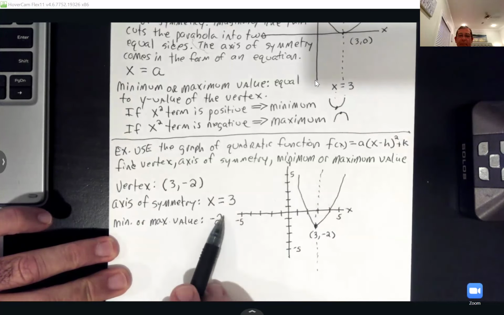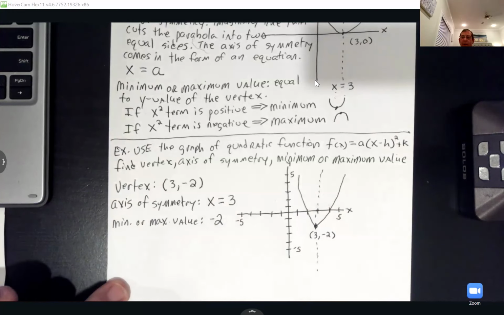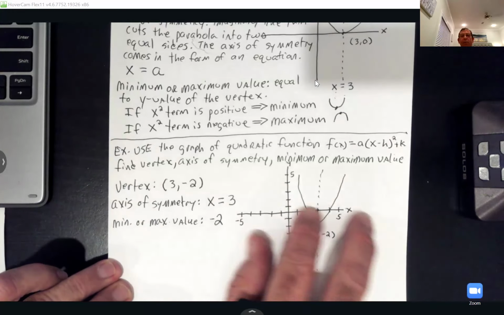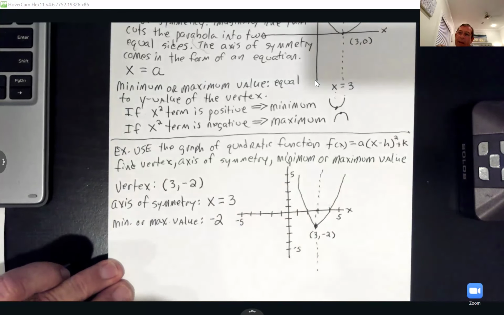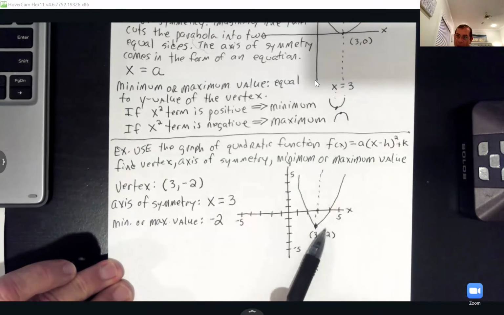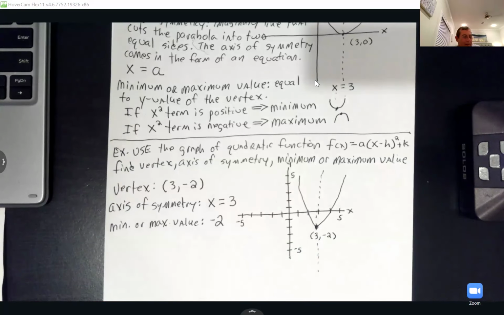It just has a minimum value of -2, and that's all we need to put, okay? So that's the type of stuff we're going to be doing on this. But we're about to do it by formula and not by the picture, okay? So we like it when they give us a picture with everything labeled. So what happens when we're doing it by hand?